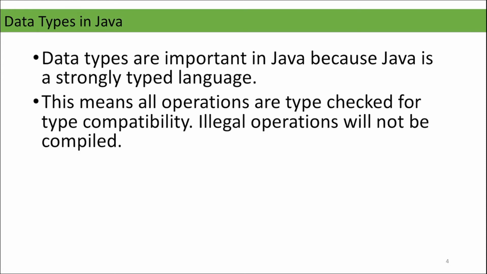What that means is that every calculation in Java will be checked against the correct data type. So if you have two variables, one is a byte, one is an int, and you're adding them together and storing the result in a byte, this will not work. Why? Because a byte will not hold the value of an int, because the int is too big.